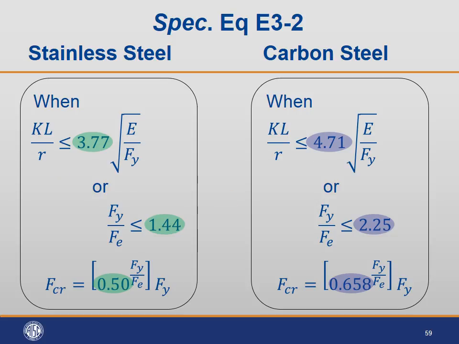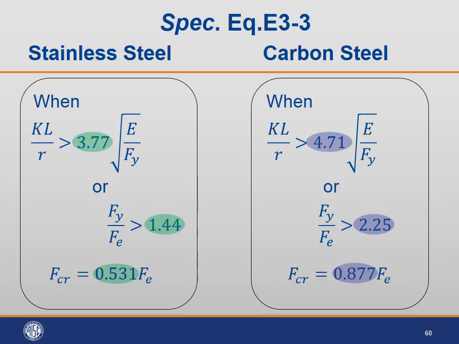So this is equation E3-2, and you can see that the coefficients have been reduced, 4.71 reduced to 3.77. Likewise, equation E3-3, the coefficients have been reduced again.